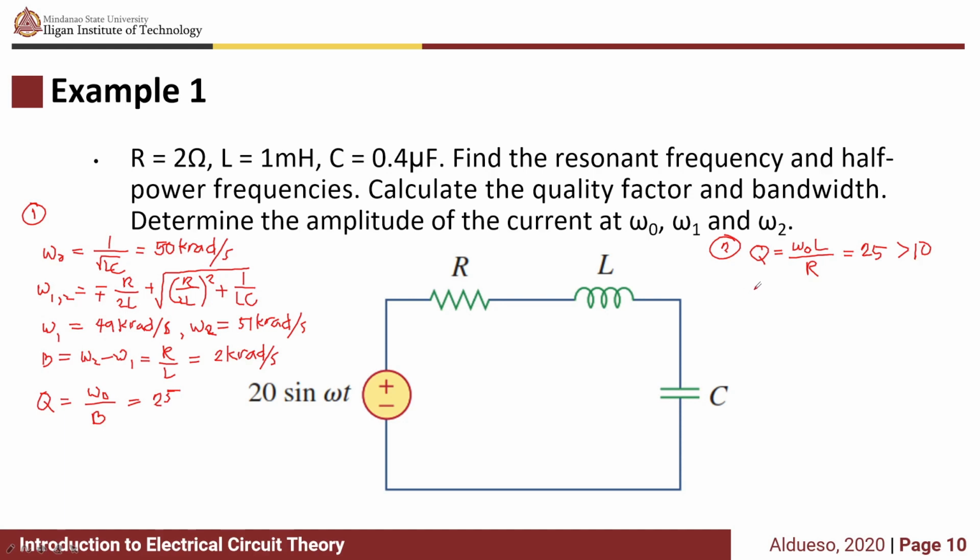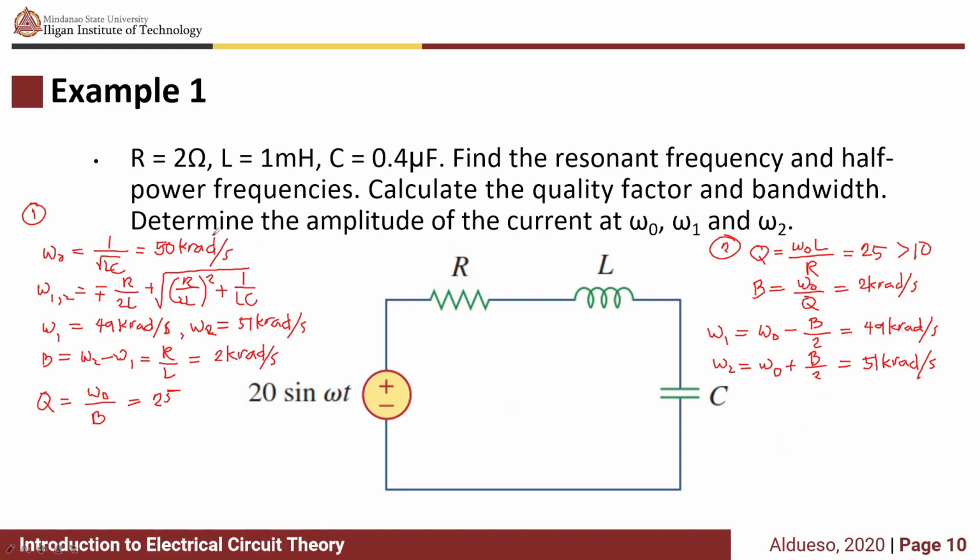Solving for the value of B using omega naught and Q, we have 2 krad per second. Solving for omega 1, we have omega naught minus B over 2, which is 49 krad per second. Omega 2 is equivalent to omega naught plus B over 2, which is 51 krad per second.